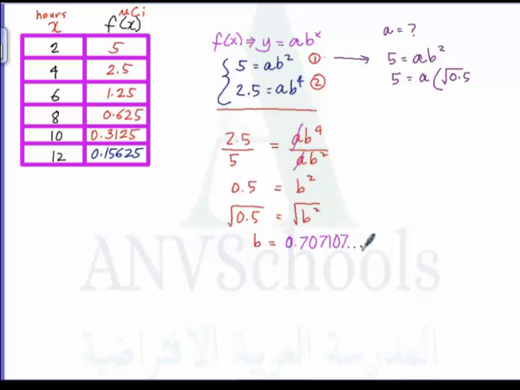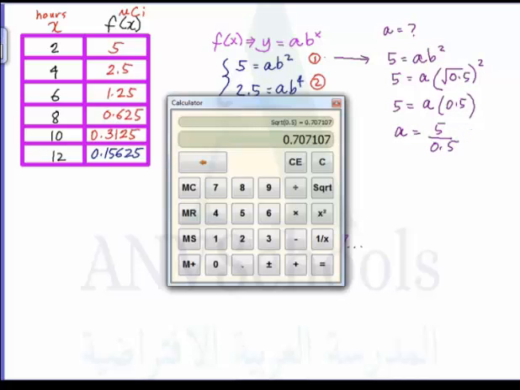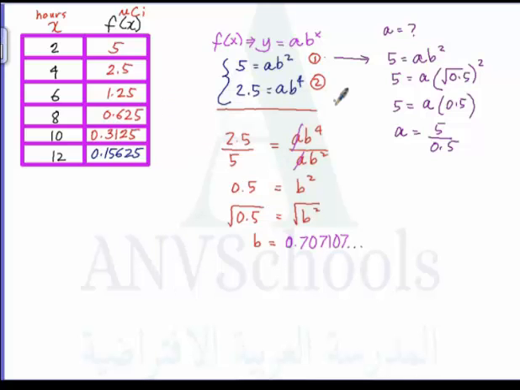I would prefer the original value, which is 0.5. Squared, and that gives me 5 is equal to a times 0.5, and a now will be equal to 5 divided by 0.5. So let's take out our calculator here. 5 divided by 0.5 is equal to 10. So our a then is equal to 10.